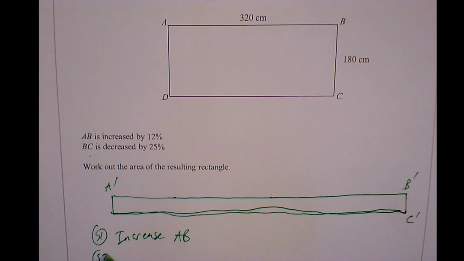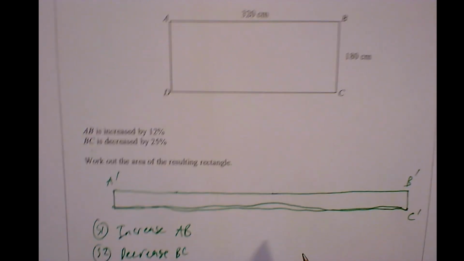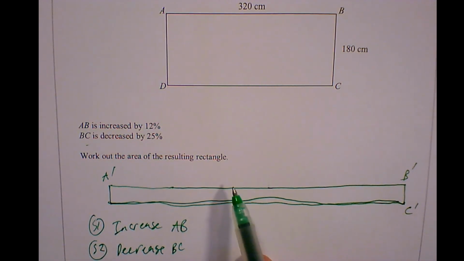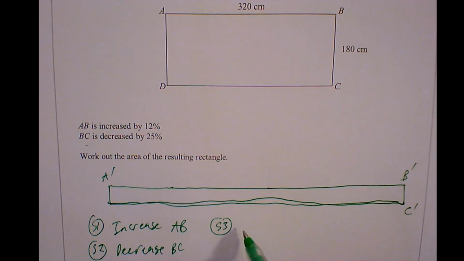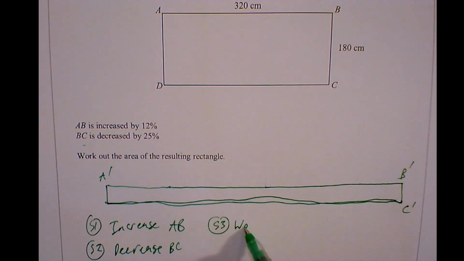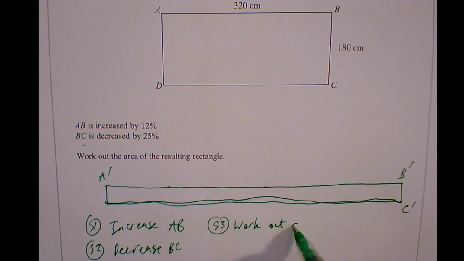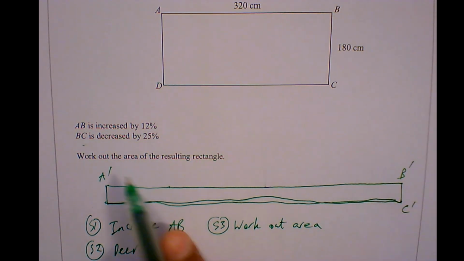Step two is to decrease BC. And the last step, once I get the new lengths, is to work out the area. So step three is to work out area.